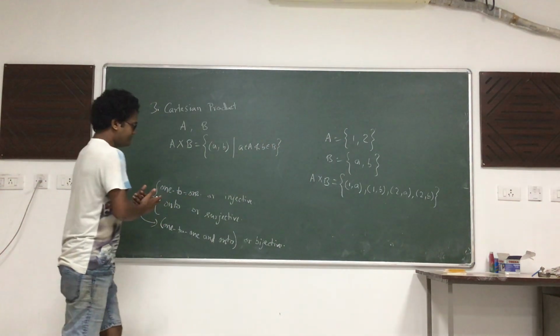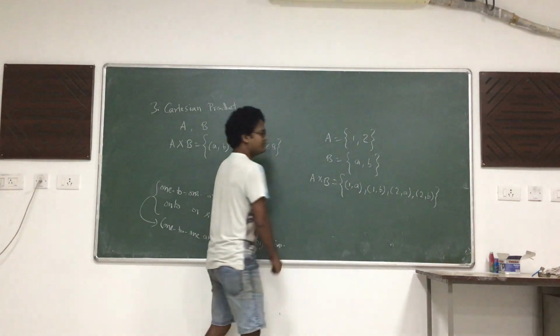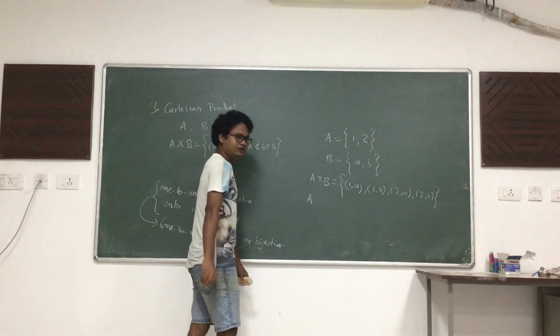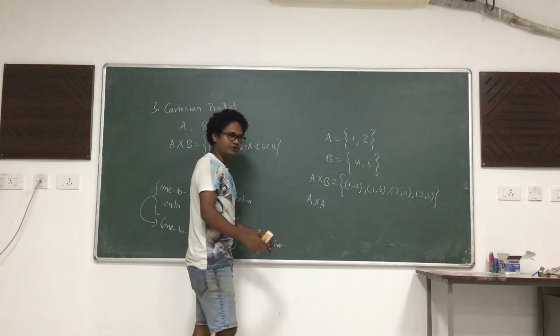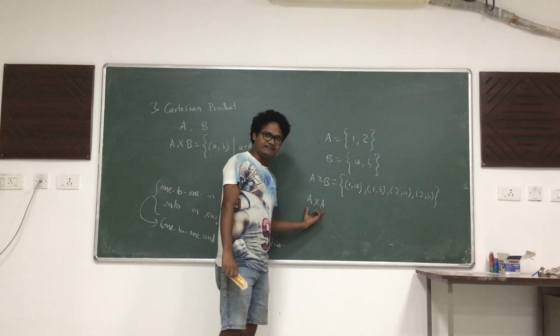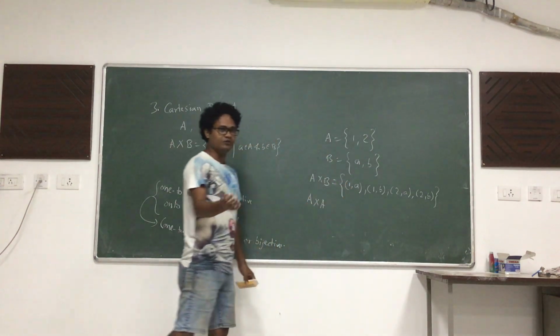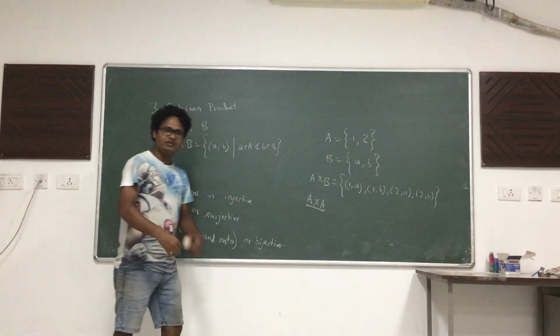And an interesting thing is we can always take the Cartesian product with itself. If A is a set, we can take A cross A as a Cartesian product, which will be another set. We can take it further, but we'll not go into those details now. We can always take A cross A, B cross B as well.